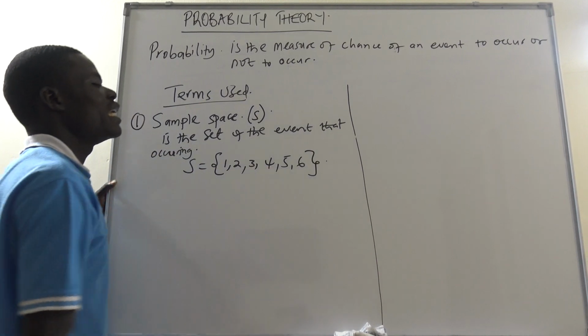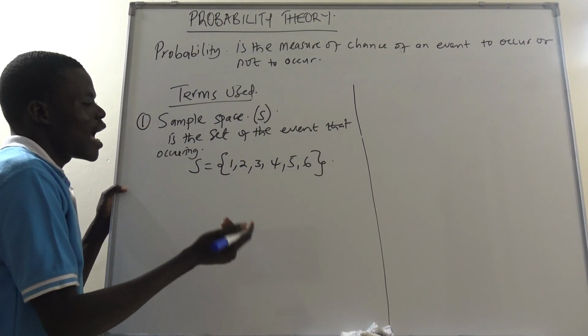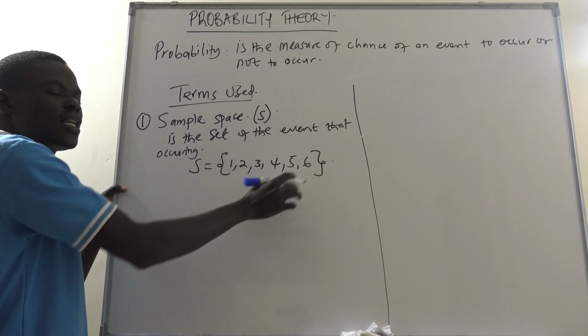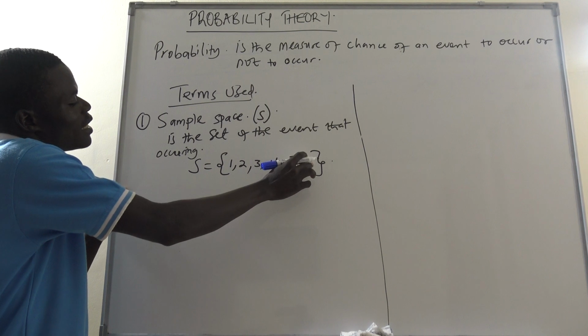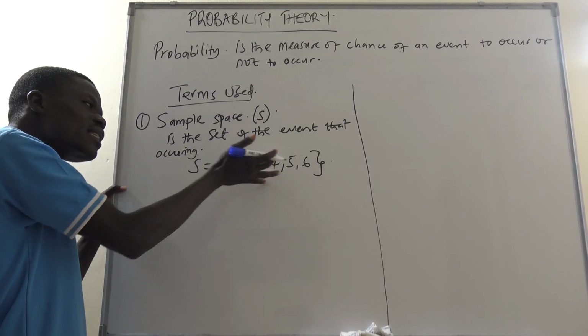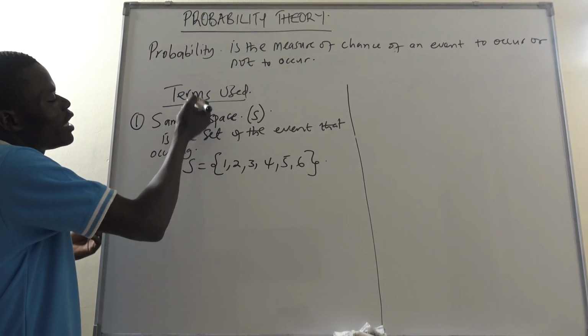So if you toss that dice once, you are most likely to get these 6 figures, that is 1 up to 6.